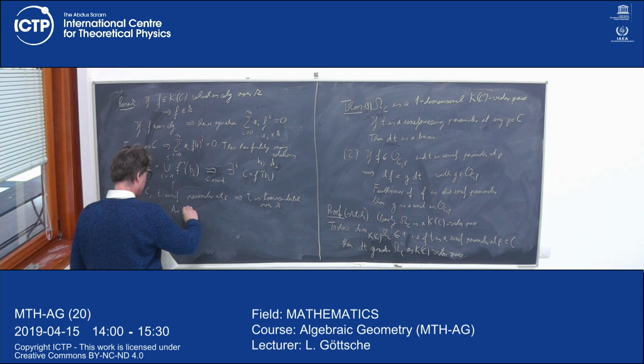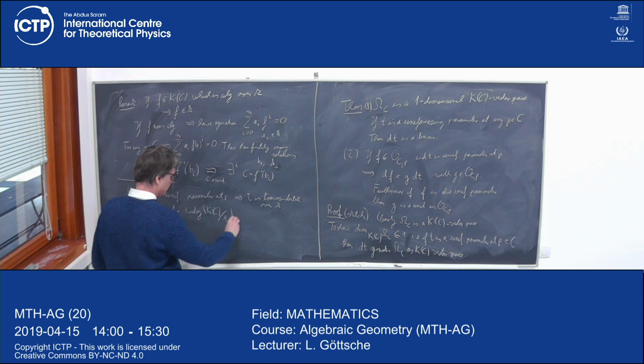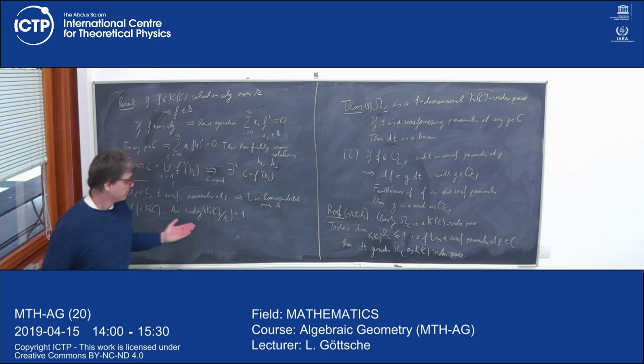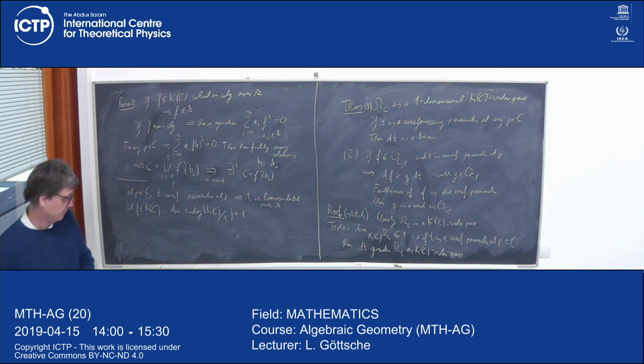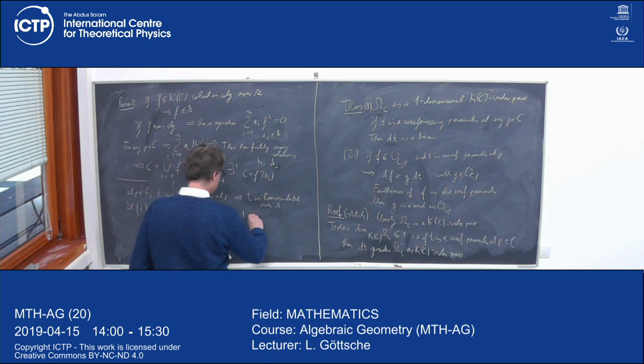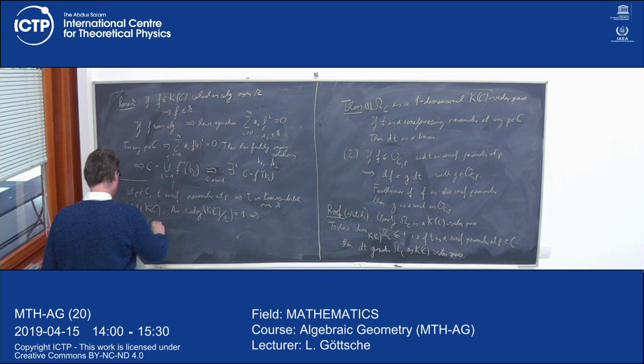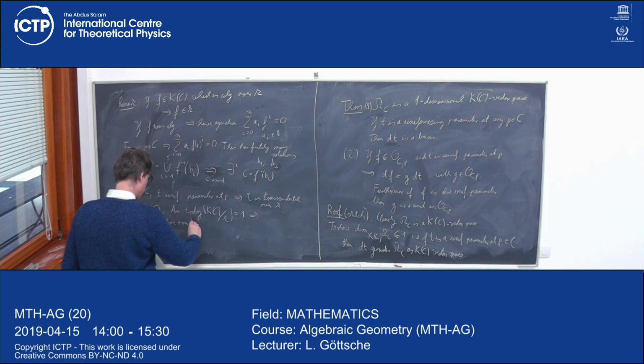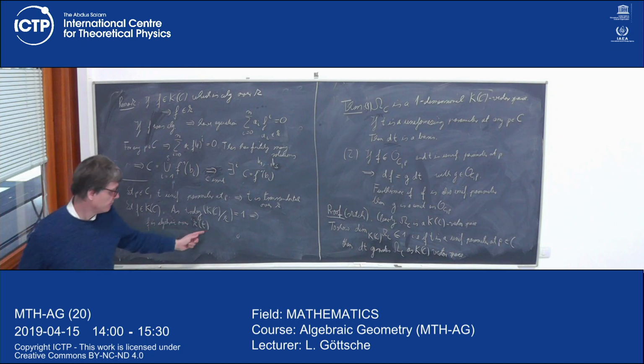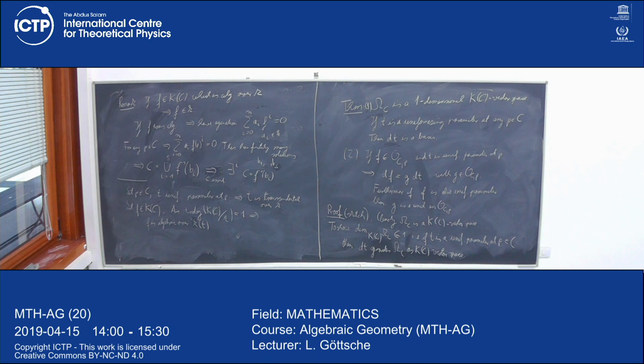This means that C is a curve. It follows that f is algebraic over K of T, the field extension generated by adding T to K.